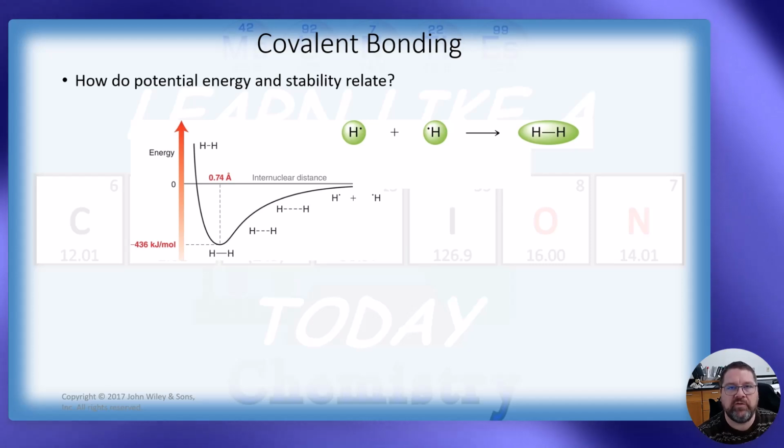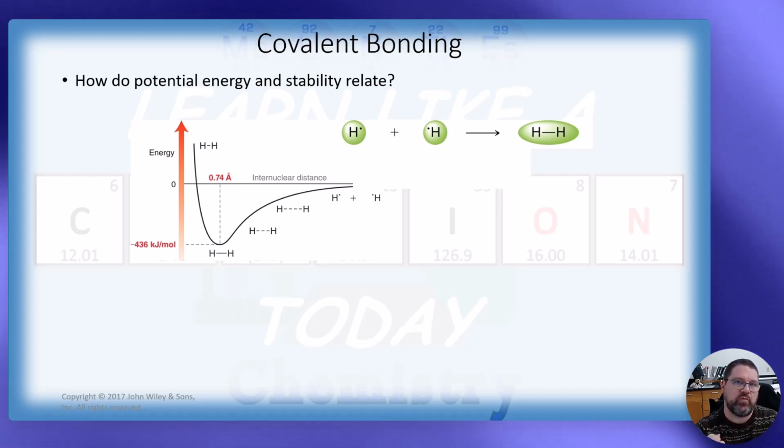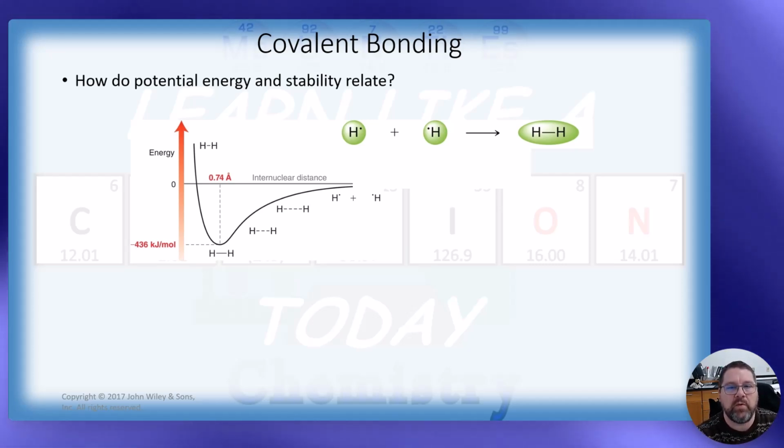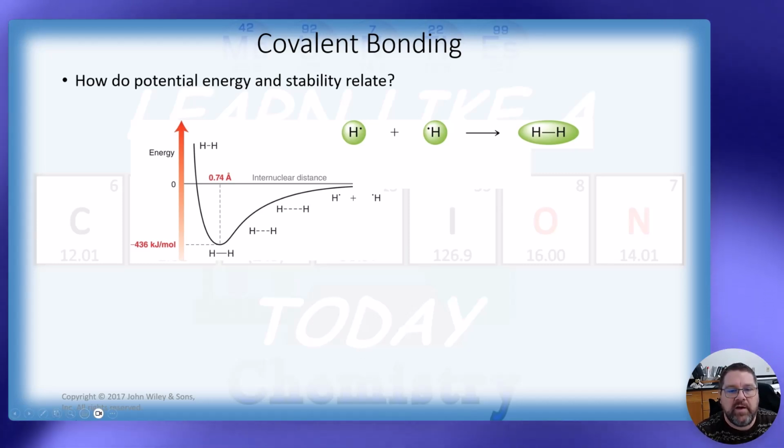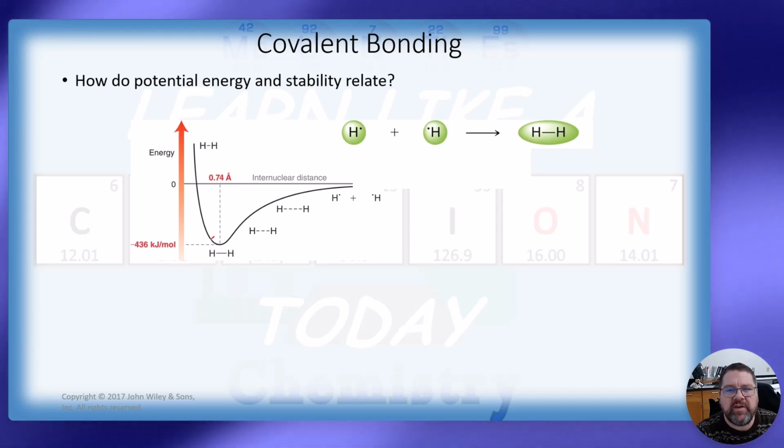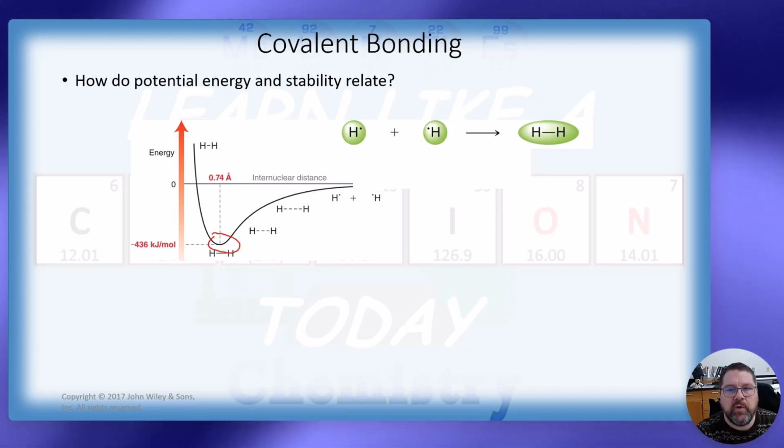They're getting a little bit closer, a little bit further away. So it's almost like a spring that's bouncing back and forth. And what it's centering around is where we see that valley in this bond energy diagram. So right down here, this would be your most stable spot.